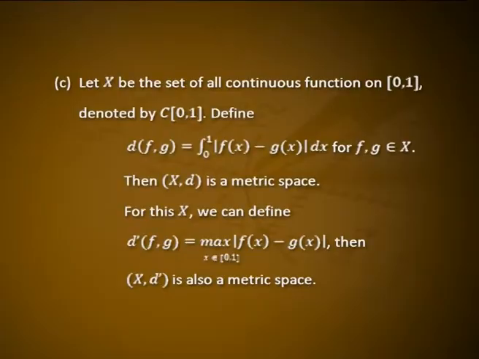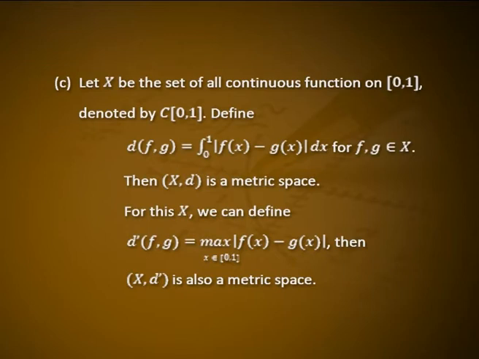B. For x, y belonging to Rn, define d of x, y equal to the maximum of the modulus of xi minus yi, where 1 is less than or equal to i less than or equal to n. Then Rn together with d is a metric space. C. Let X be the set of all continuous functions on the closed interval [0, 1].